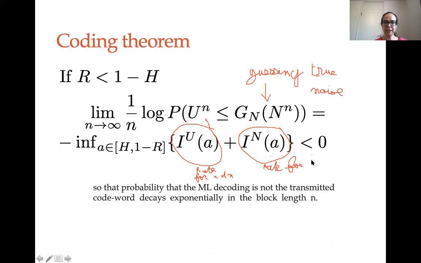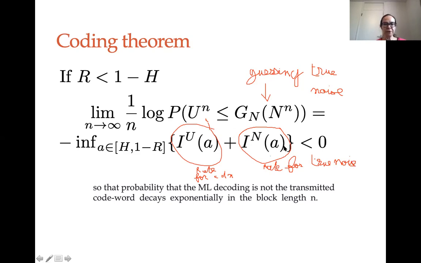Okay? And the probability that the maximum likelihood decoding is not the transmitted noise is going to decay basically exponentially in the length n. Why?